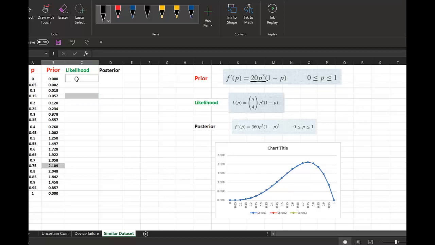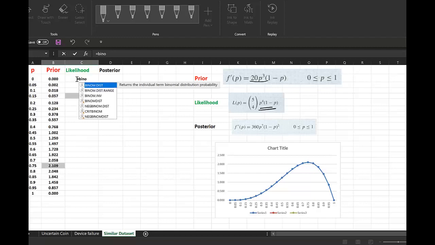So the likelihood function is equal to 5C4 p raised to the power 4 into (1 minus p). 5C4 is simply 5, so I can write this as 5 times p raised to the power 4, or I can use the binomial distribution function. Excel has a binomial distribution function. The number of successes is 4, the number of trials is 5, and the corresponding probability is this.